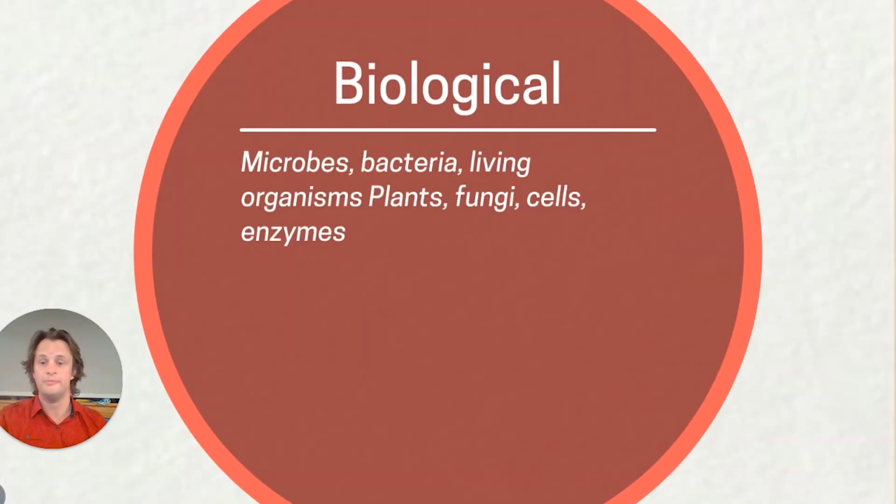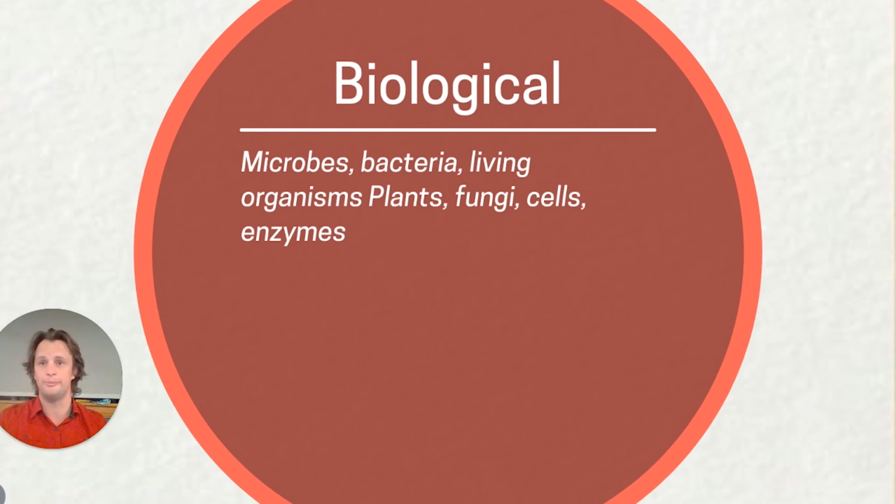Biological things. We can use microbes to eat away at these organisms. A large part of some of the main solutions that we use in life are actually biological. Thinking about compost heaps, large parts of our waste treatment plants, our sewage plants are biological.